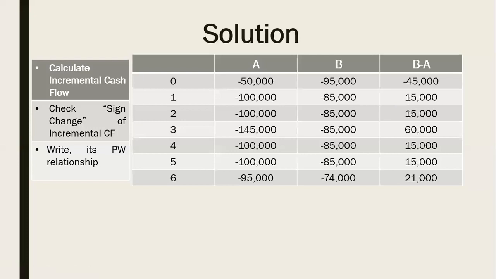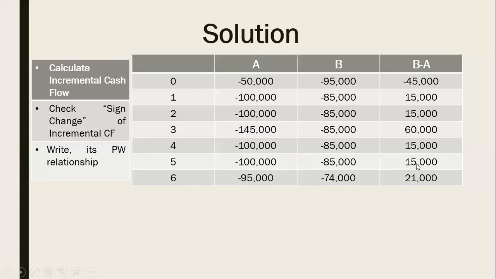And again, we can save 60,000 in year 3 because this machine is being repurchased and cost is being added. And then in year 4 and 5 we can save 15,000 again. And in year 6 we can save 21,000, which is the difference between 95 and 74.